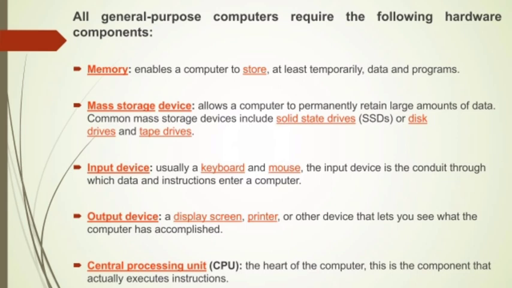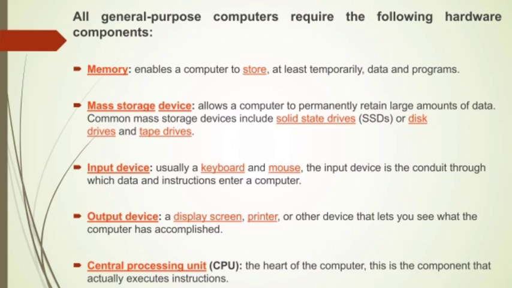Input device. The input device is a device through which data enters a computer, like keyboard and mouse. Output device. Such devices through which the computer accomplishes the given task, like screen, printer, etc.